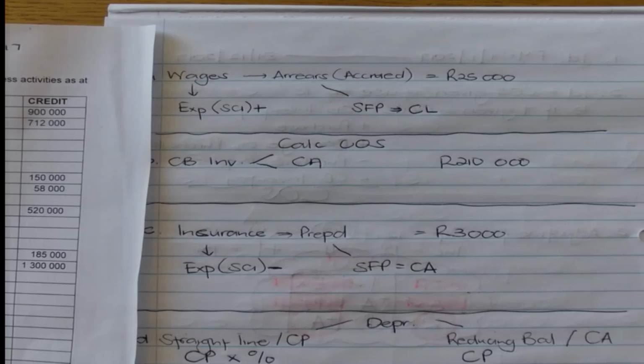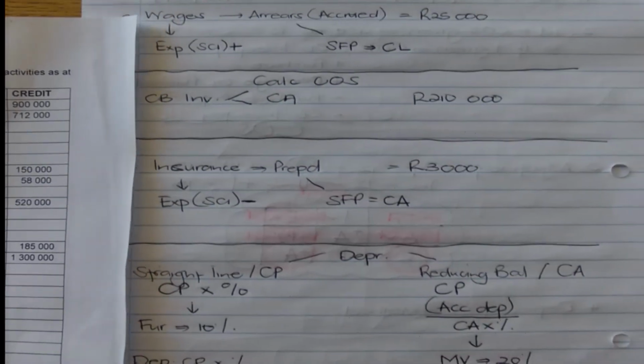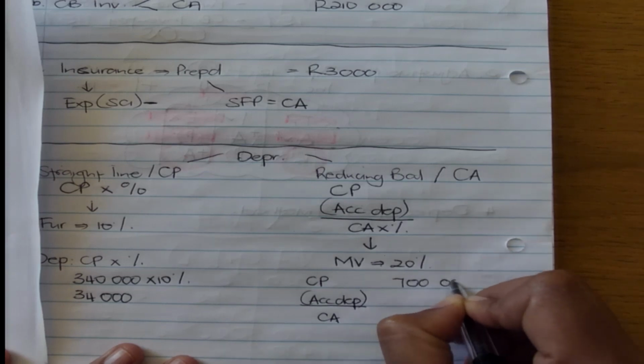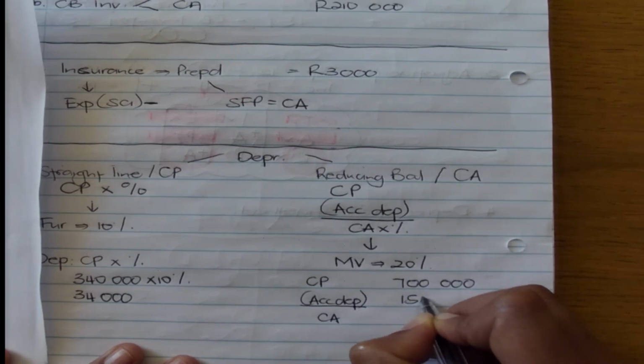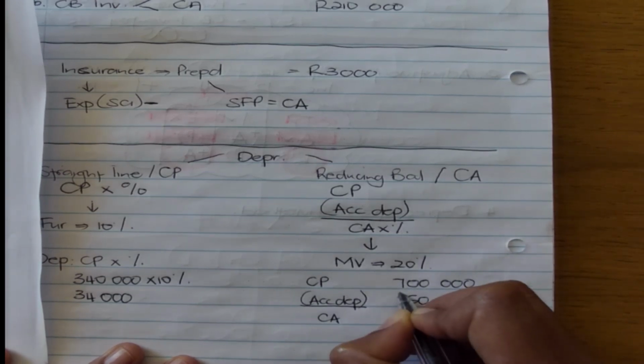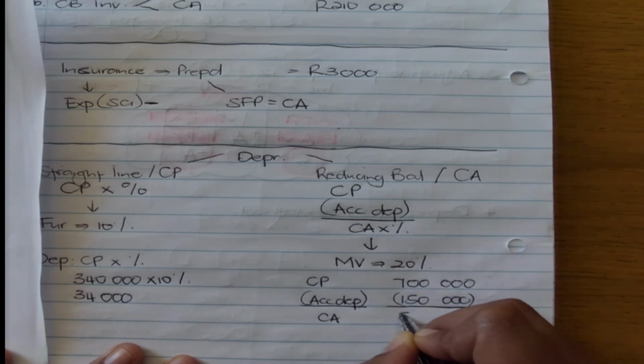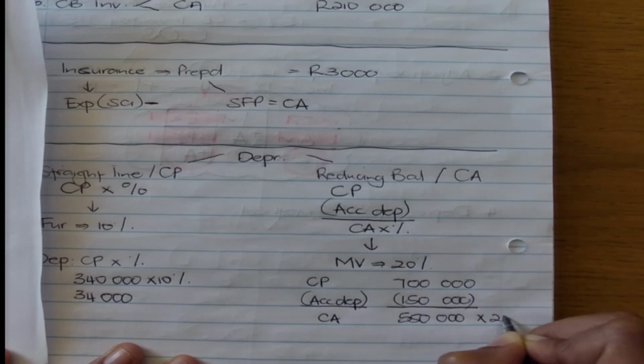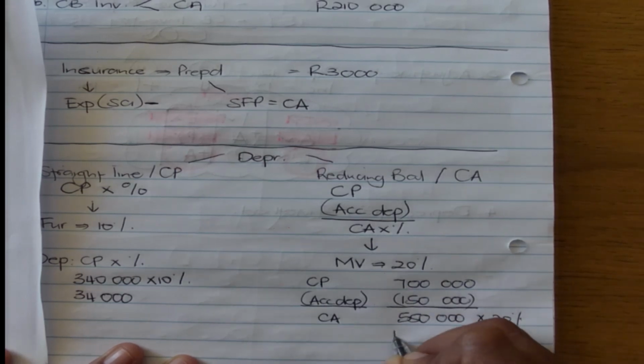So cost price is 700, accumulative depreciation is 150. I minus it, gives me 550,000. Then I multiply this by 20%, which my depreciation will be 110,000.